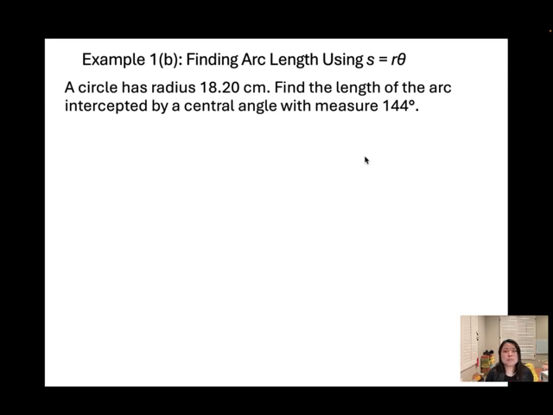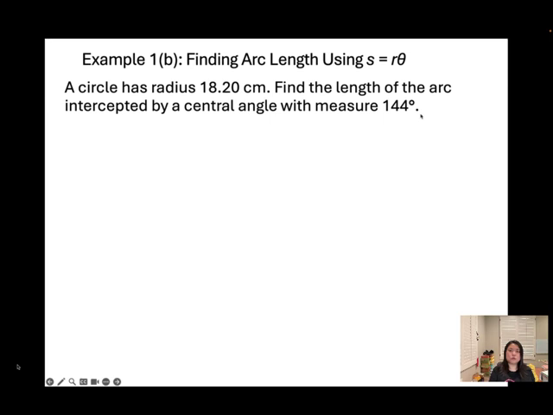B. A circle has a radius of 18.20 centimeters. Find the length of the arc intercepted by a central angle with the measure 144 degrees. Same idea, you have the same formula. The only thing you need to pay attention to is theta equal to 144 degrees.